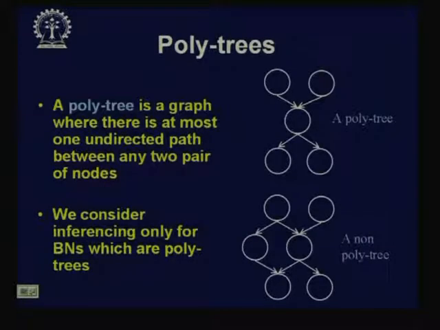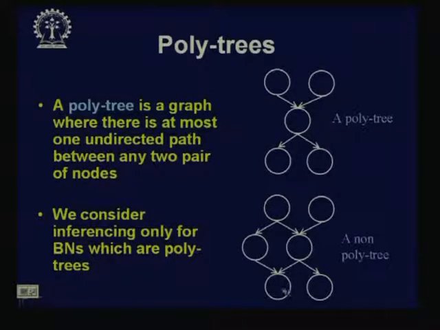What is a polytree? A polytree is a graph where there is at most one undirected path between any pair of nodes. Between these two nodes there is only one path. From this node to this node also there is only one path, whereas this is not a polytree, because from this node to this node I have got two paths.